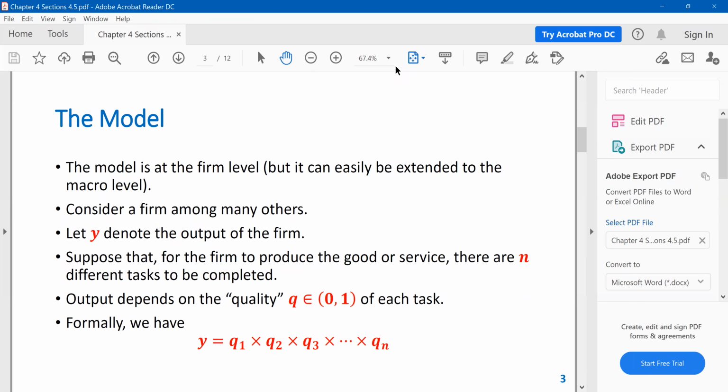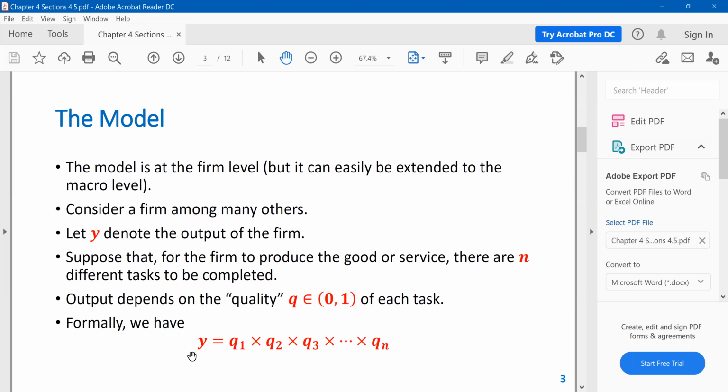And output here in this version will depend on the quality of each task. Okay, the quality Q will differ across these tasks. Okay, so your production function, as you see, is multiplicative, right?